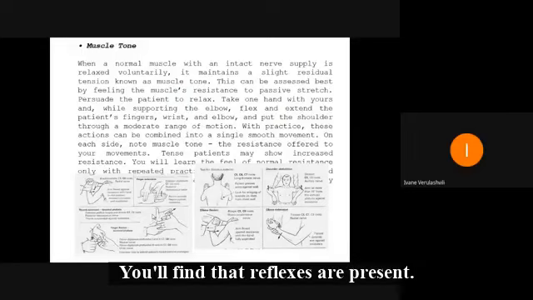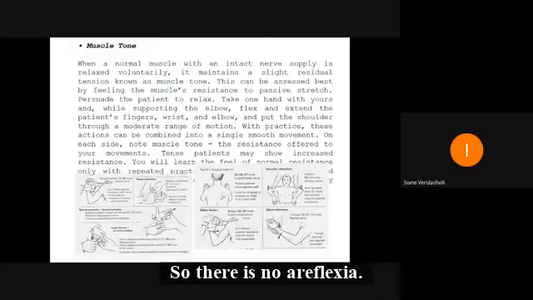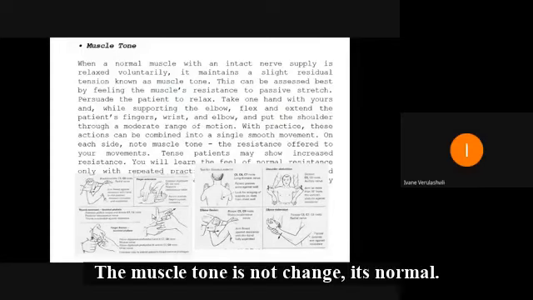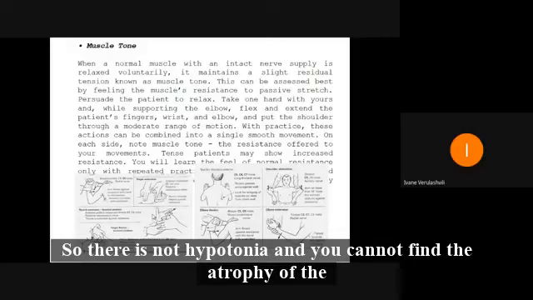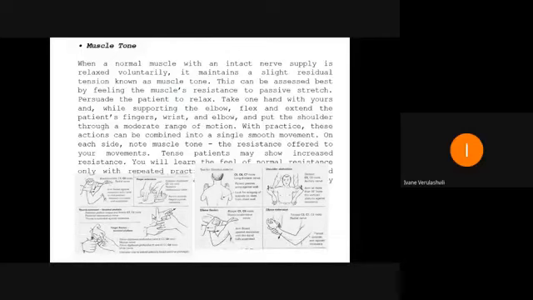You find that reflexes are present, so there is no areflexia. The muscle tone is not changed, it's normal, so there is not hypertonia, and you cannot find the atrophy of the muscles. So this person is simulated.